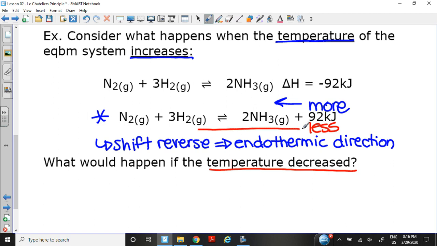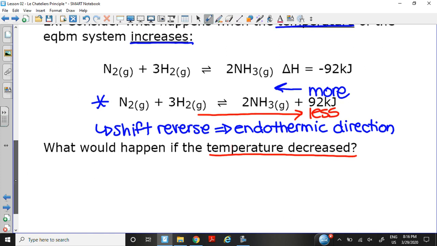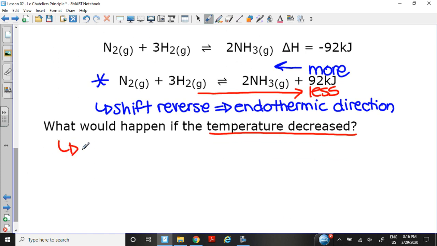It's going to shift towards the amount that has been removed. So when this happens, here we're going to see a shift forward in this example. Forward towards the products, or you could say to the right, but this means it's going to shift in the exothermic direction.